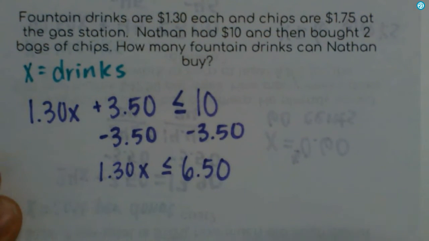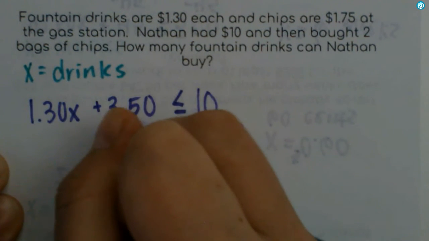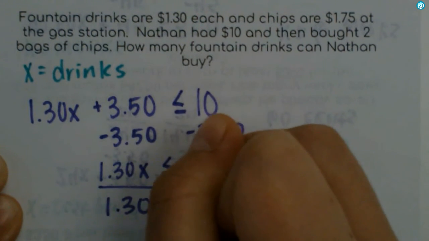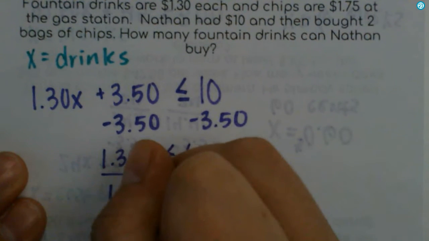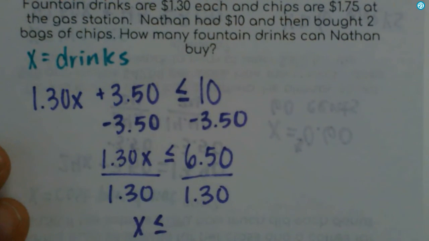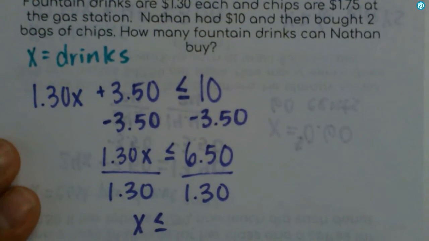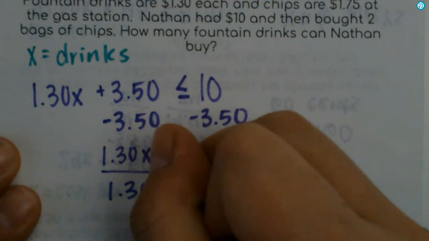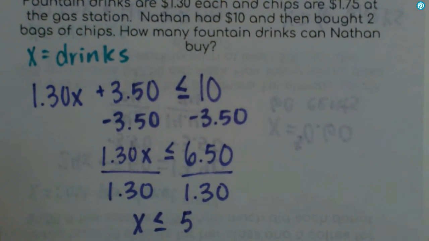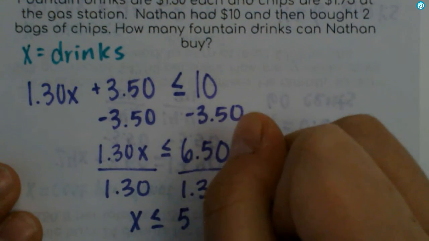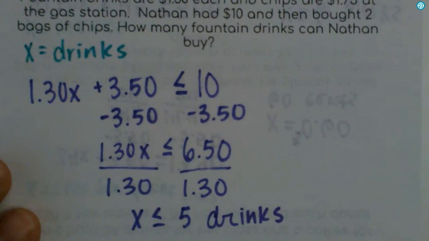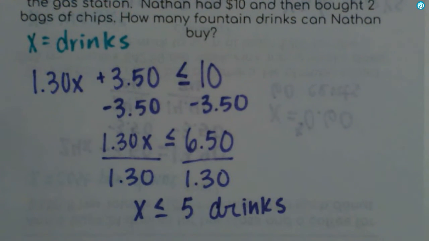And then we divide by that 1.30. And we get x is less than or equal to 5. And then we can label that with the word drinks. So he can buy 5 or fewer drinks.